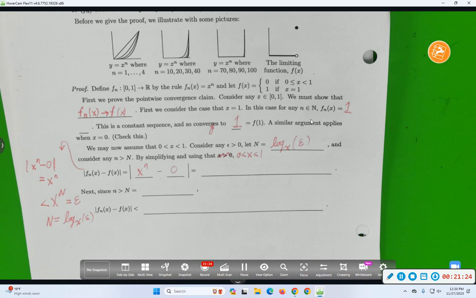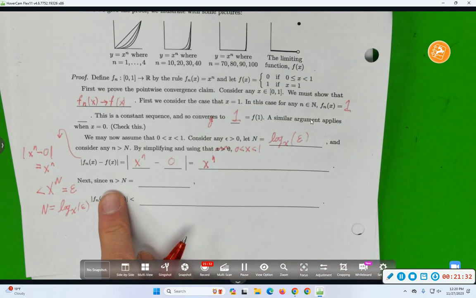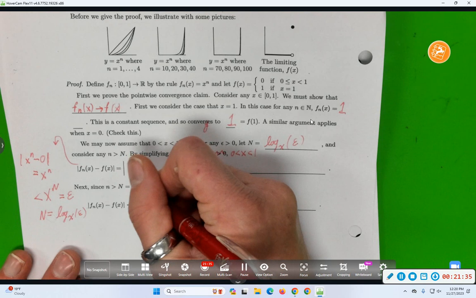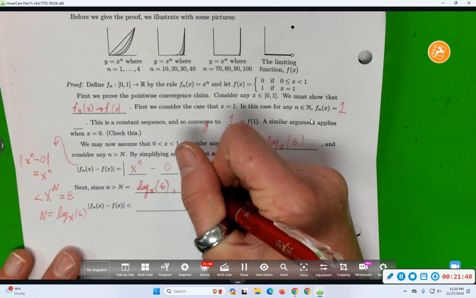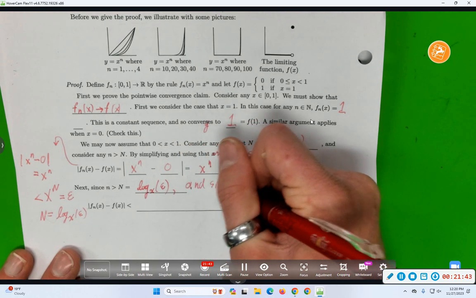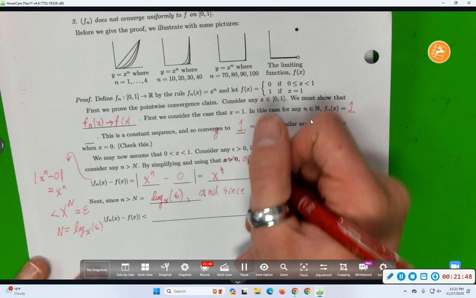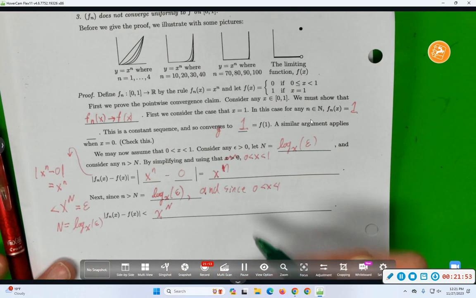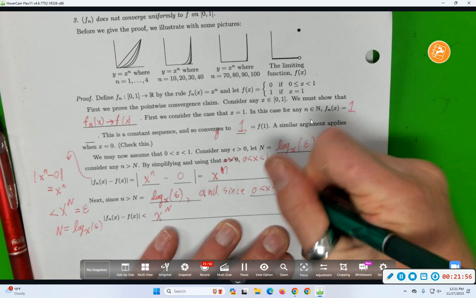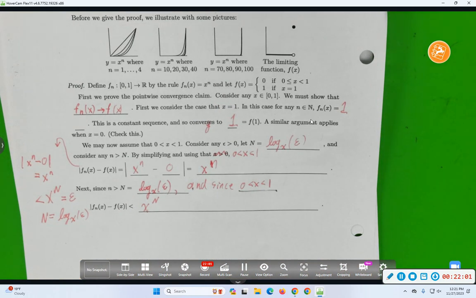Nice. So I guess the first step was that the absolute value bar doesn't actually matter. Next, since little n is bigger than big N, which is log base x of epsilon, and since 0 is less than x is less than 1, this is less than x to the big N. Notice that the thing I underlined in green is actually important, right?